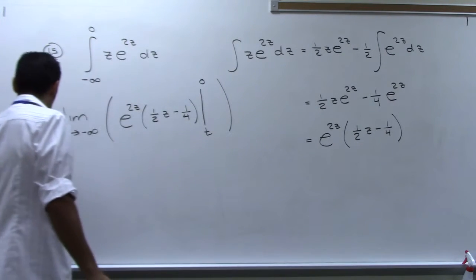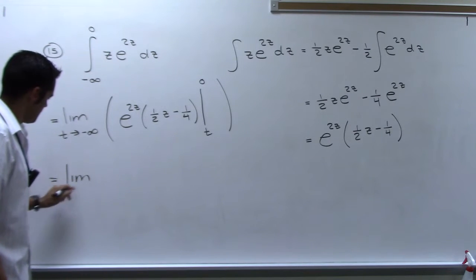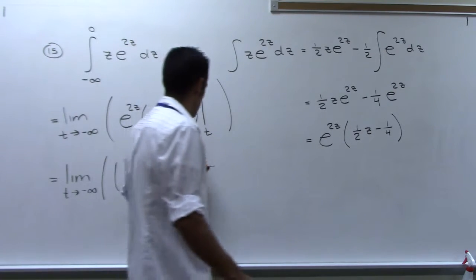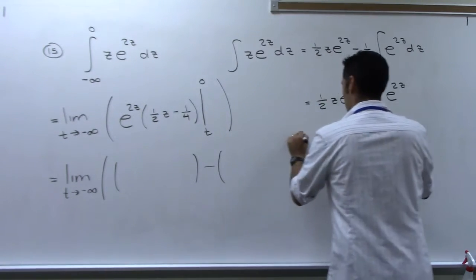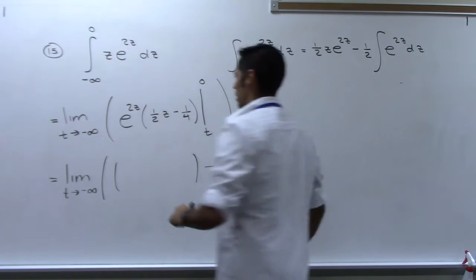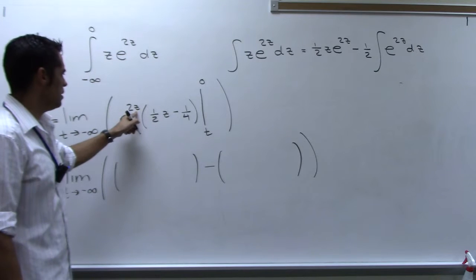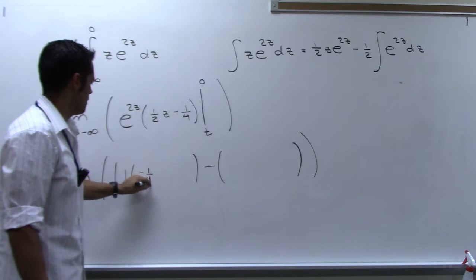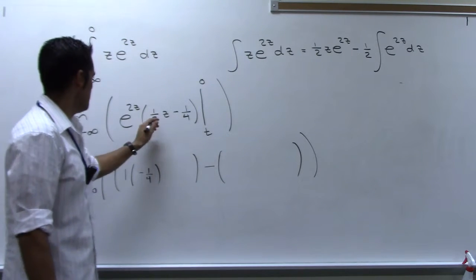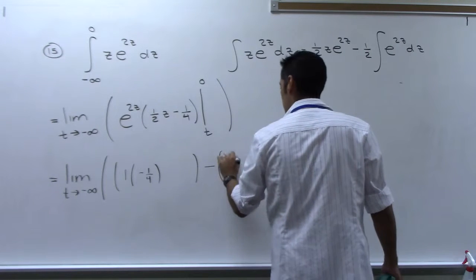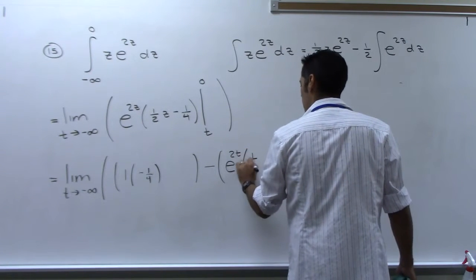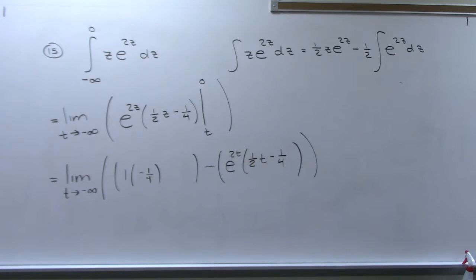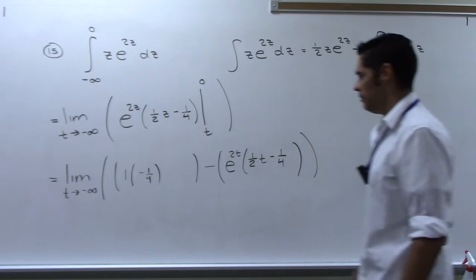Now I'll plug in the two values. We plug in 0: e to the 0 is 1, and then 0, then minus 1/4. And then over here we plug in t, so we get e to the 2t times 1/2 t minus 1/4.